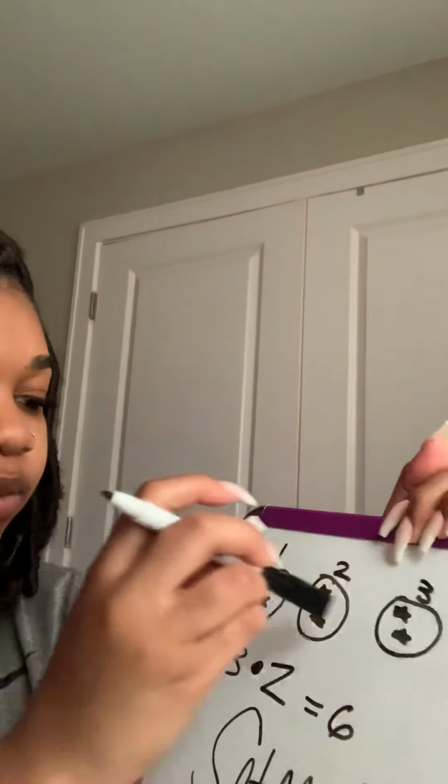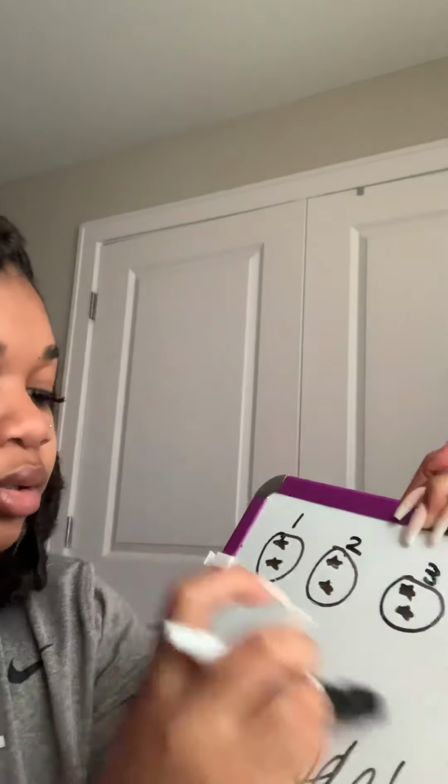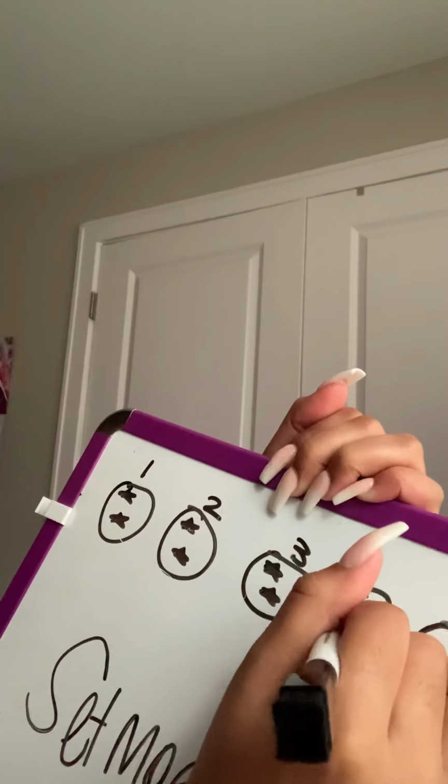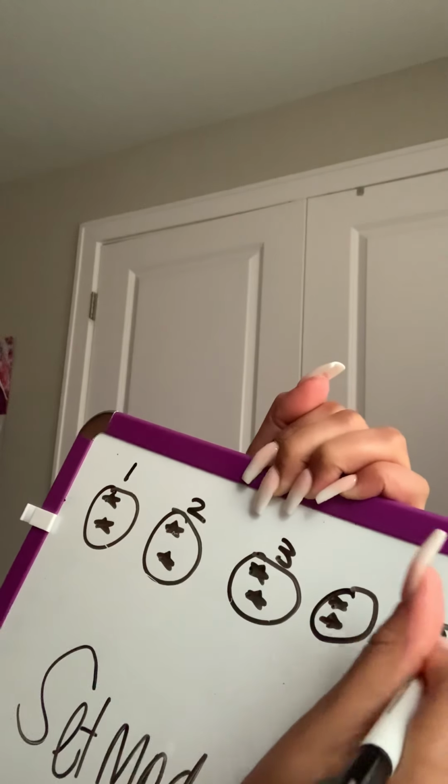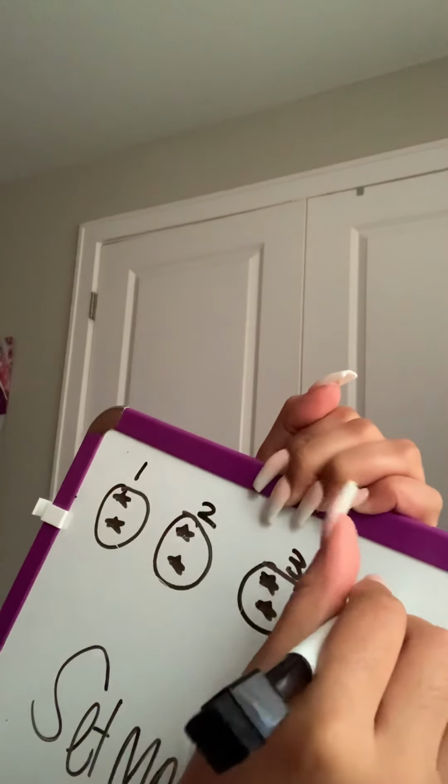Okay, let's do another one. Let's do something similar. Okay, let's do 5 circles with 2 stars in each. 3, 4, 5.